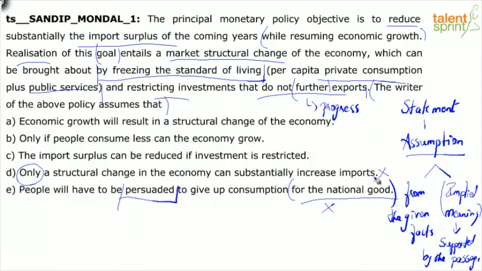Next: the import surplus can be reduced if investment is restricted. Now, restricting investments is one of the methods by which you can freeze the standard, or rather you can help with structural change of the economy. I don't know if the import surplus will be reduced.